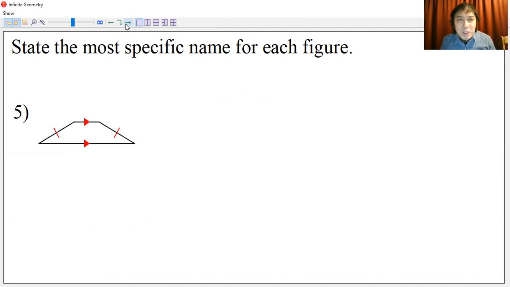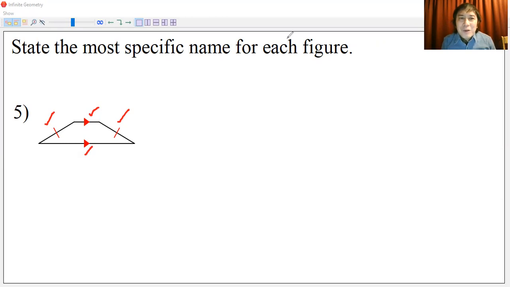State the most specific name for each figure. For the number 5 figure, we have a pair of opposite sides parallel, and the other pair are congruent because of these marks. Because of these marks, this opposite pair of sides are of equal measures, and this pair are parallel.